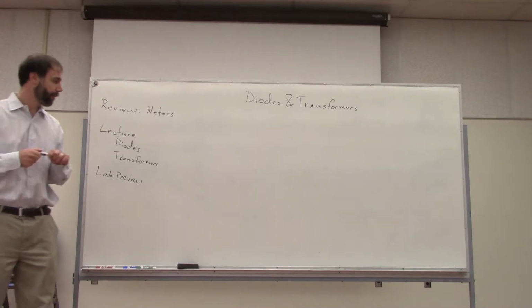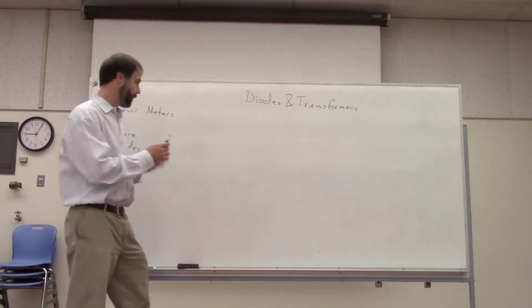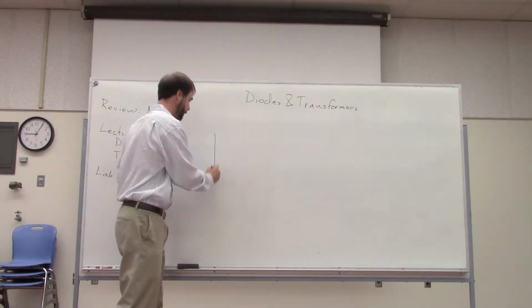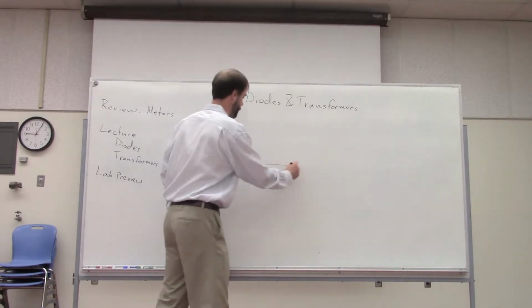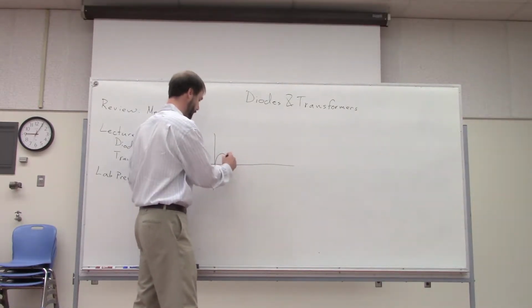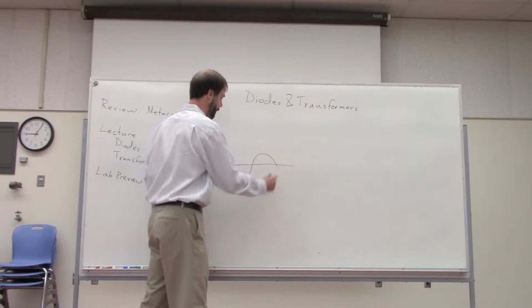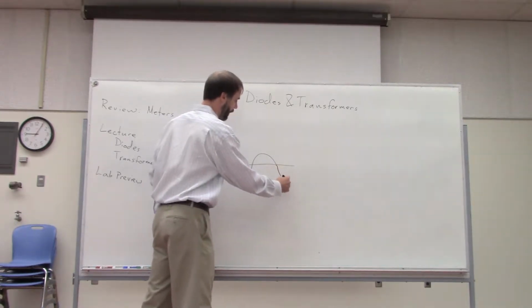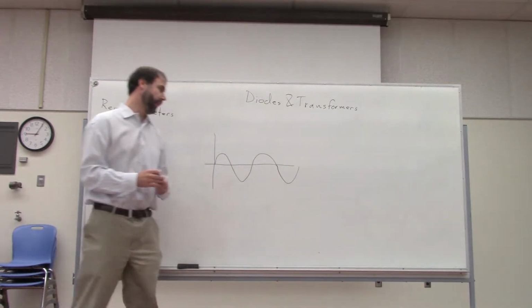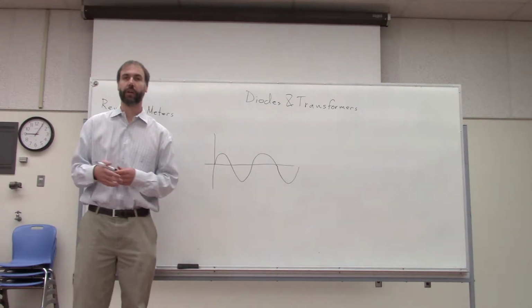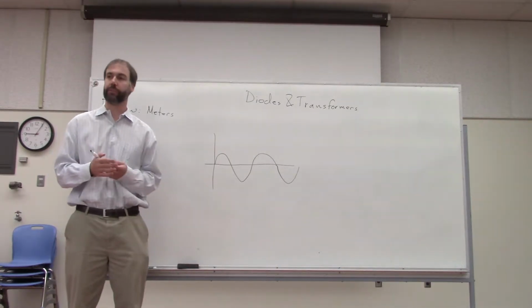So first of all, let's talk a little bit about frequency and discuss what that was before we talk about how we measured it. So we said that frequency is how often something repeats, okay?